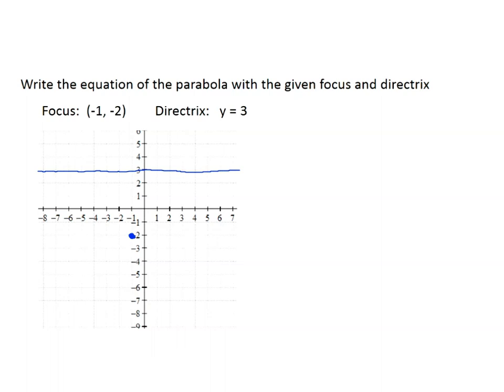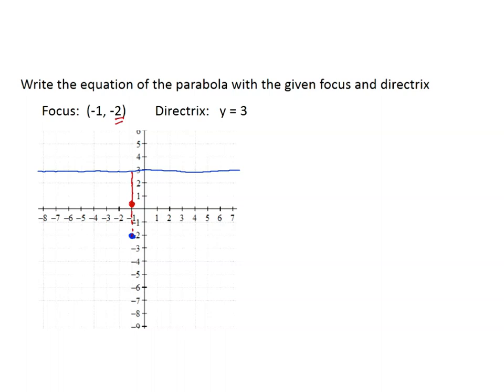So let's find the vertex first. I'm going to draw a line segment, I can make it dashed or solid, connecting my focus to the directrix, and I'm going to find the midpoint of that line. Well, this line segment is 1, 2, 3, 4, 5 units in length. So half of that would be 2.5. So right here would be the midpoint.